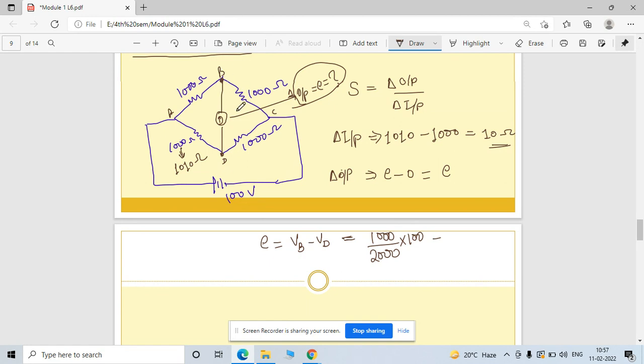This potential starts from this branch, and for this same potential we deal with this other branch. So this is 1000, and this is 1000 plus this 1010 ohm, which is nothing but 2010 ohm.